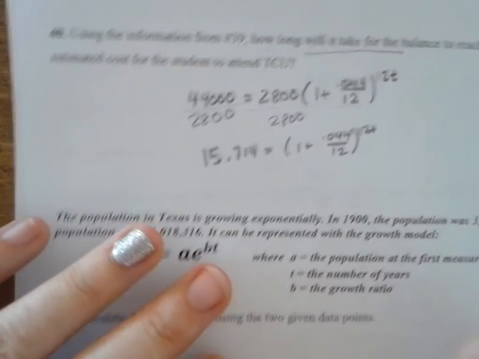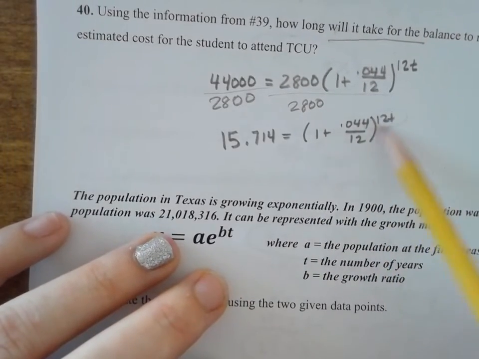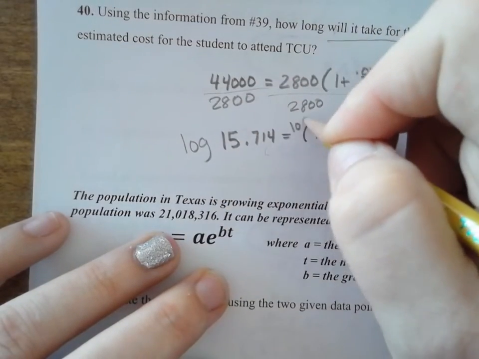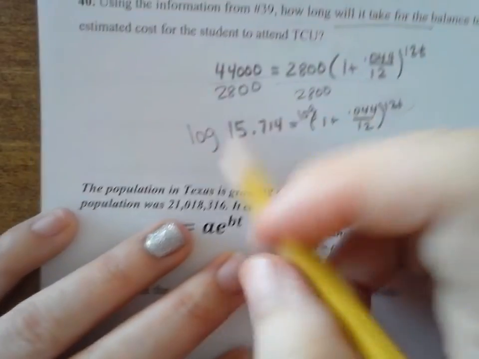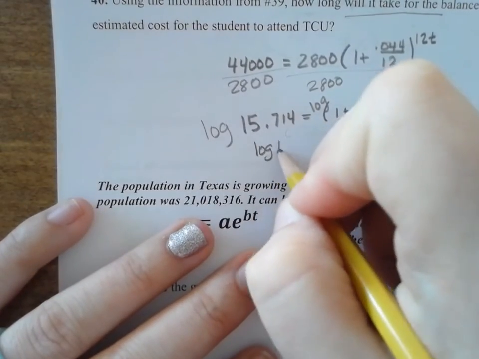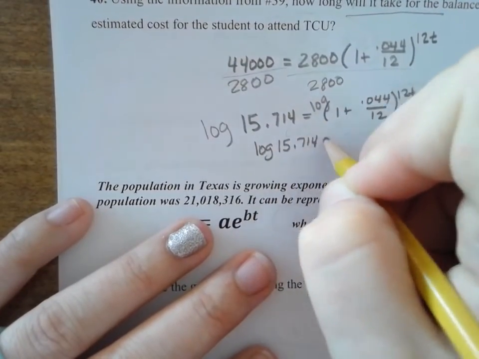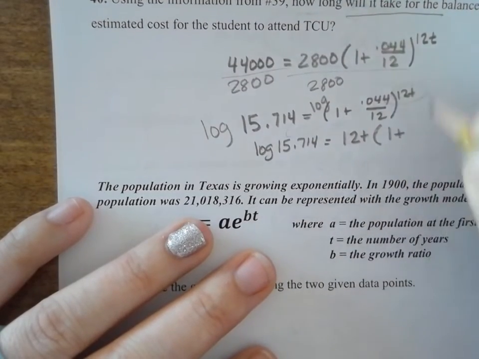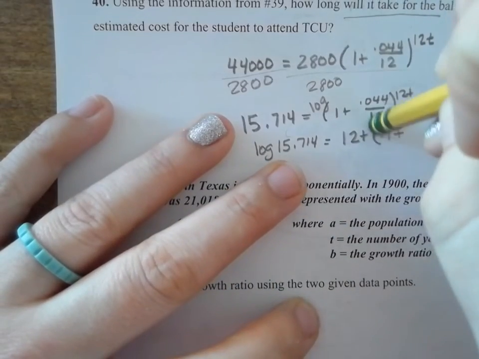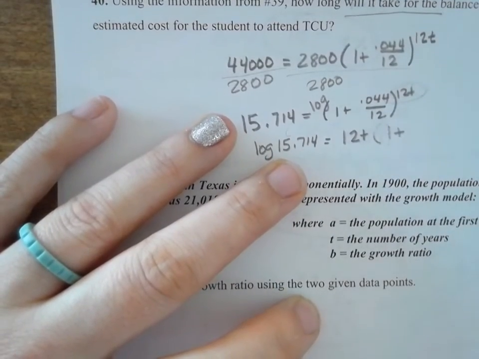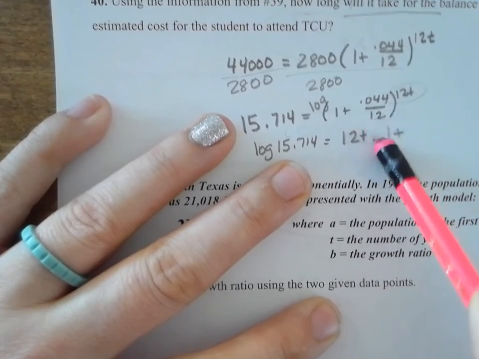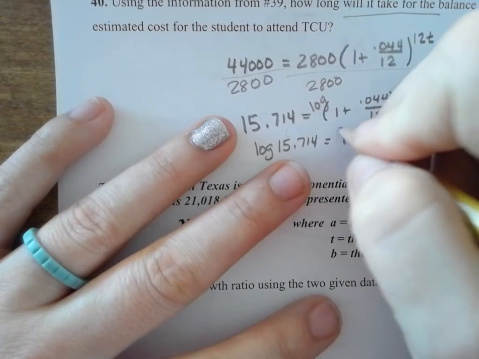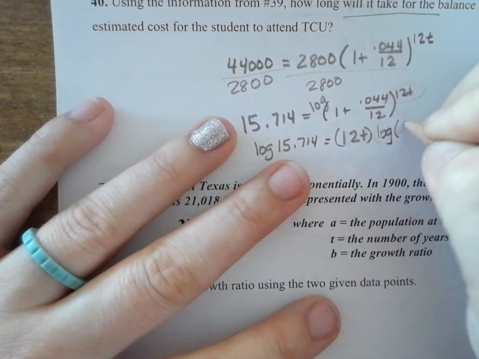This is why logs are important here. I need to get this down. So in order to get that down, I have to take the log of both sides. So when I take the log, this can come down. So the log of 15.714 is just going to be some decimal, is equal to 12t times the log of all that mess.